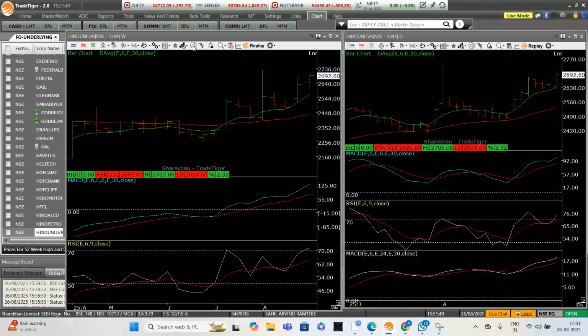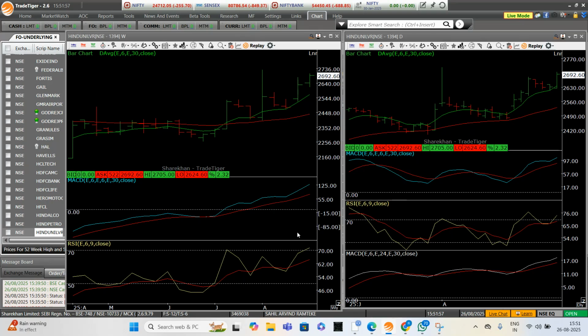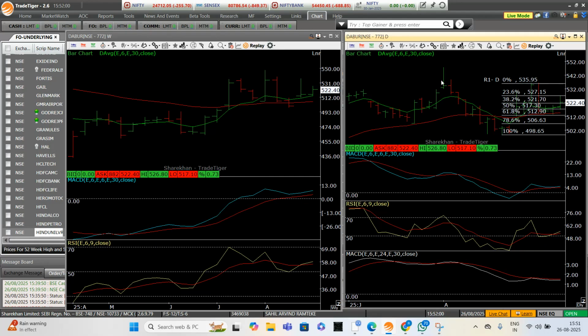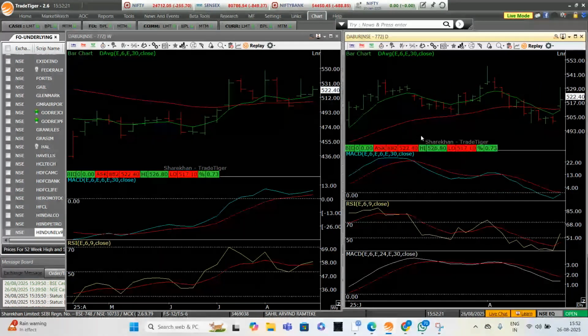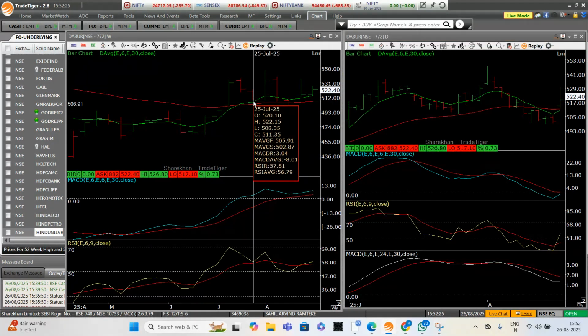If you see, most of the FMCG stocks will be like that, because when the markets are falling, normally the FMCG stocks move up. So if you see over here, in the Dabur, the prices have reached the weekly E6 here, right?